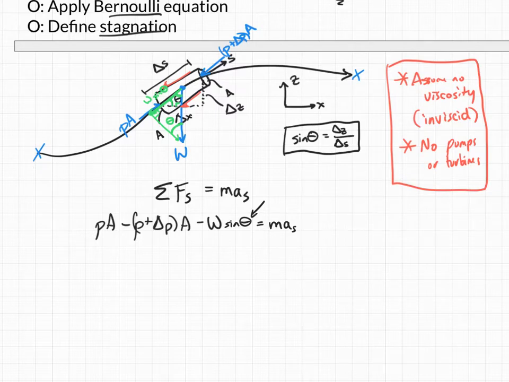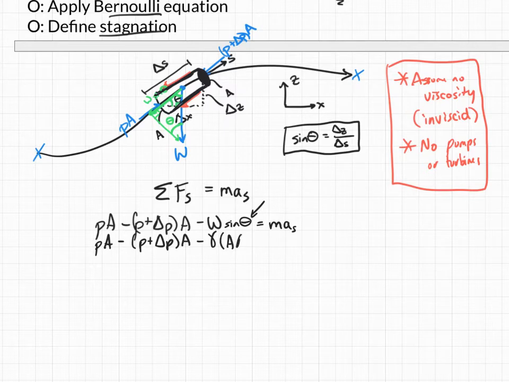So I'm going to just recopy this line for the most part. Hopefully you should be seeing that those PAs are going to go away. And how do we do the weight in fluids class? Weight in fluids class is usually gamma times the volume. So we'll do gamma, and in this case the volume is going to be this area on the front times the length of this thing, so it's area times delta s.